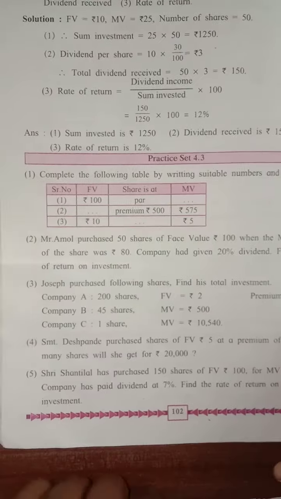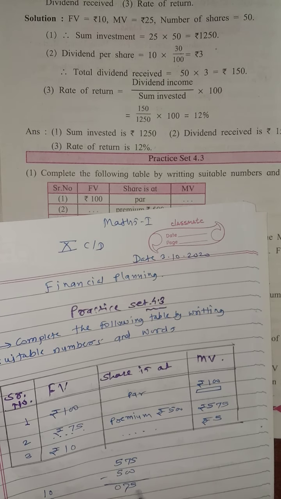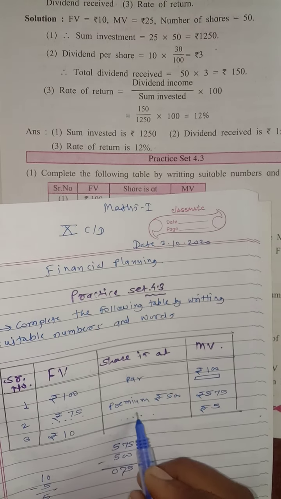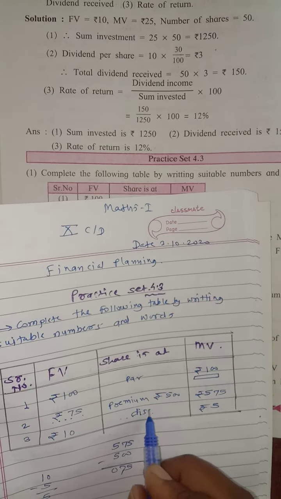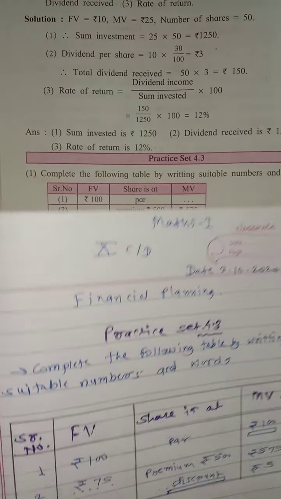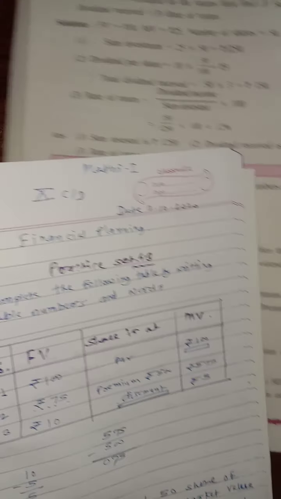Then 10 minus 5 is 5. Therefore the share is at a discount. This is the word for these two values. Then the second example is given.